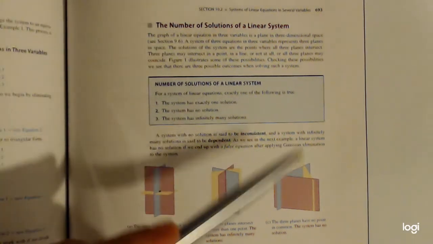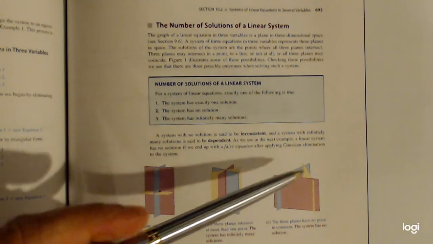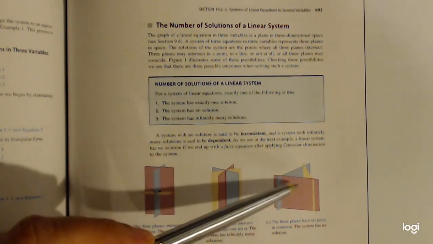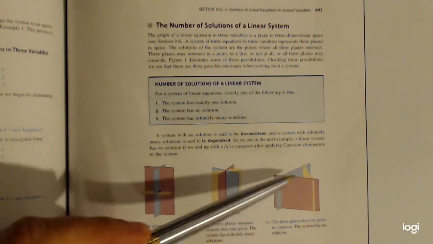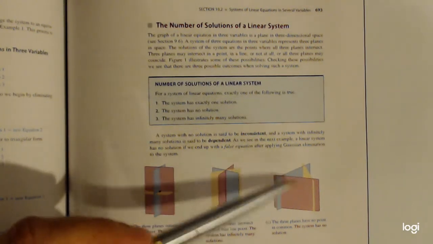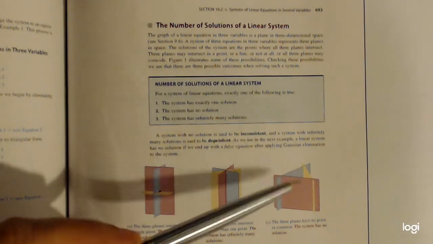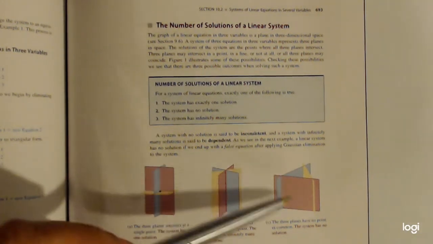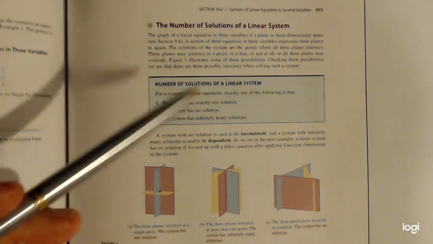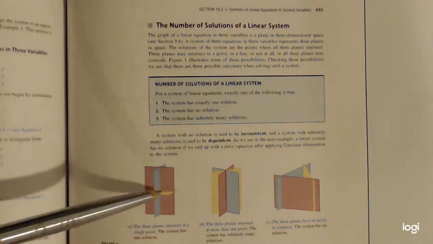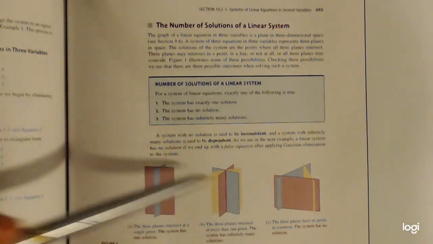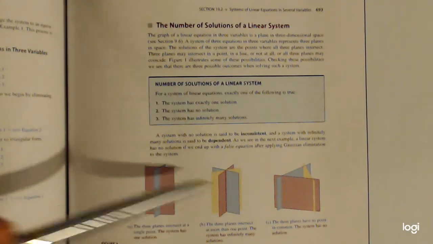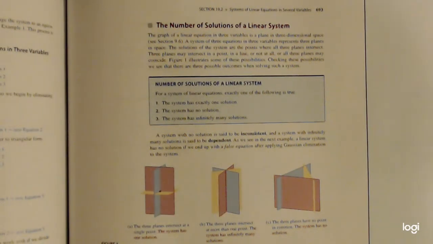Now the last possibility is this picture right here. Here's an example where we have three planes, but notice how two of the three planes intersect one another. But what do you notice? All three planes never intersect at exactly one point or a line. And remember, anytime we're trying to find a solution of a system of three variables and three equations, I need to find the point or the points, if any, in which the three planes all intersect one another.